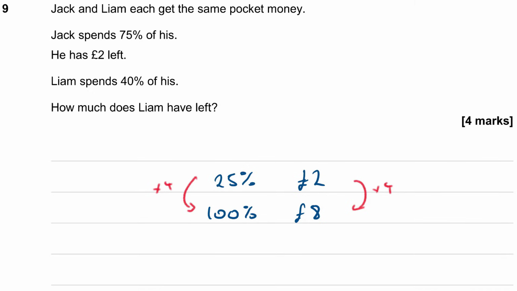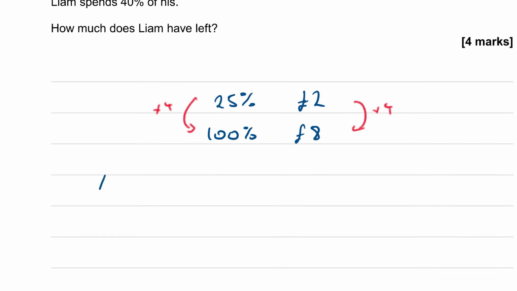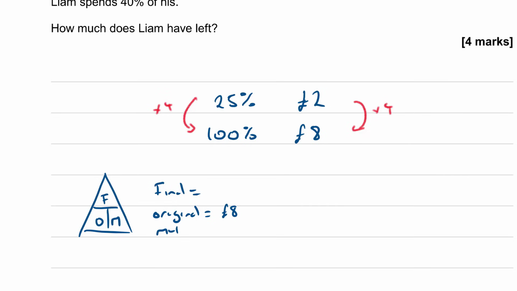So using our triangle, final, original, multiplier. Our final is what we're trying to find. Our original is £8, and our multiplier, let's say we want to find 60%, don't we? 60% of the amount has a multiplier of 0.6.